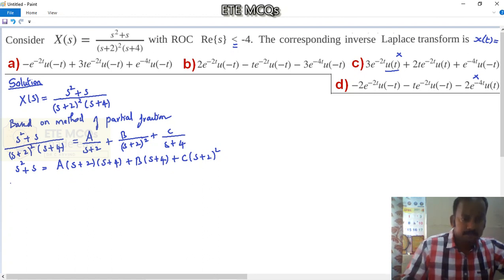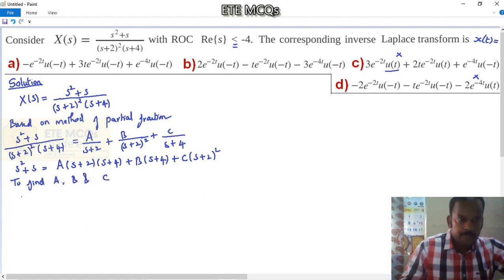Okay, so to find the arbitrary constants A, B and C, let s is equal to minus 2. You just substitute it in this, call it equation number 1.